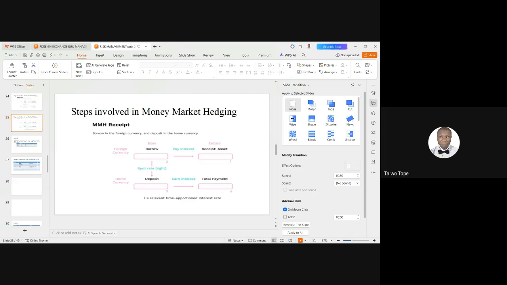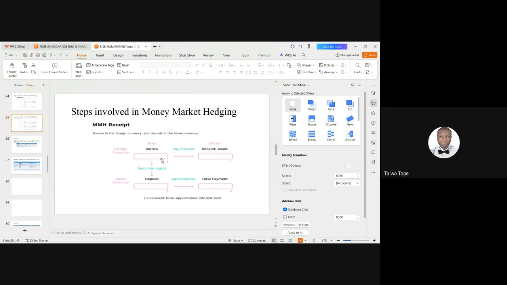Now, this 800,000, you can quickly create a liability for it. Creating a liability for it is how much you are going to borrow now that will result into this asset.